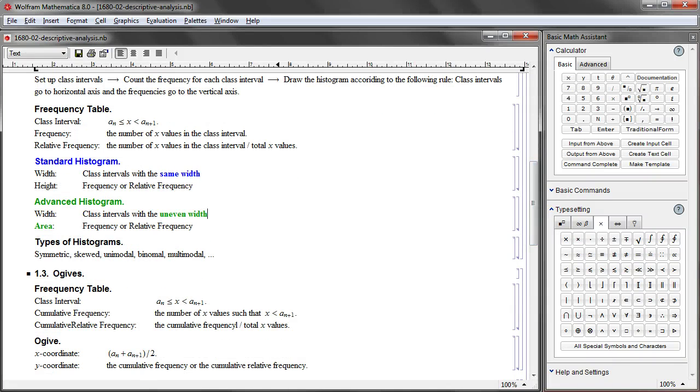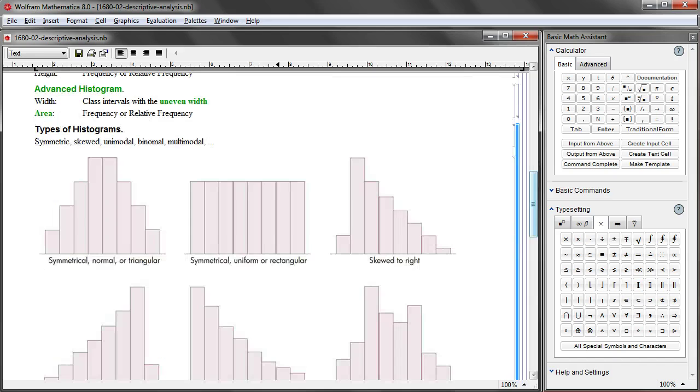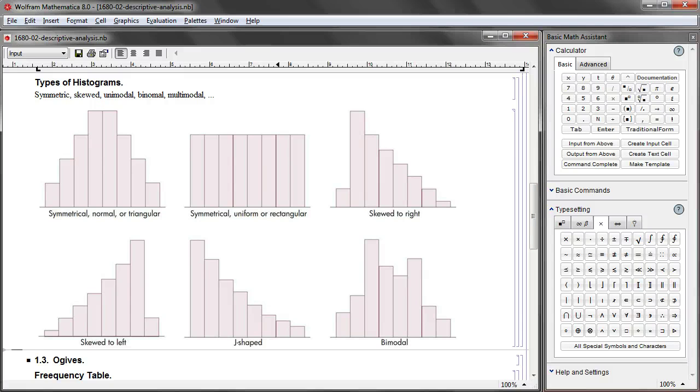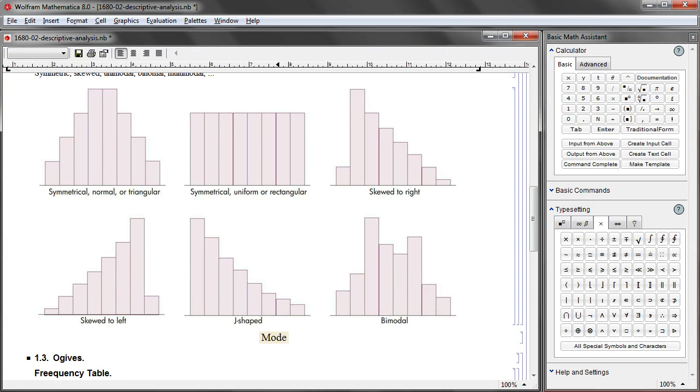We talked about types of histograms, and I took these pictures from the textbook. First picture is showing symmetric. I don't like the term normal, but symmetric, or also unimodal. What do you mean by a mode?